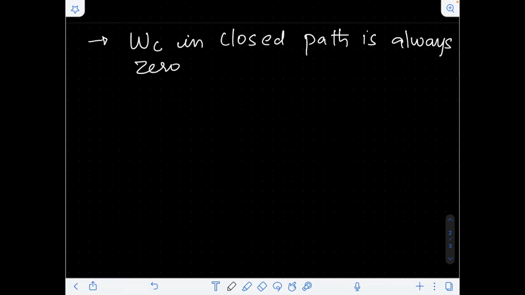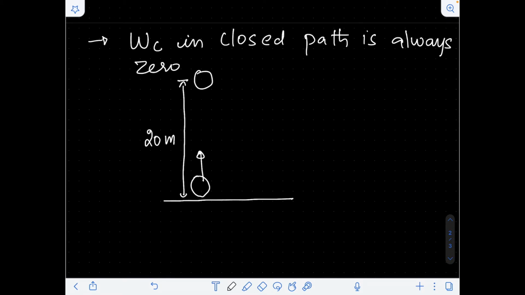Let's take an example. Let's say we have a ground and an object is moving upward up to a height of 20 meters. What is the work done by the gravitational force here? Let's say this is a 2 kg object.